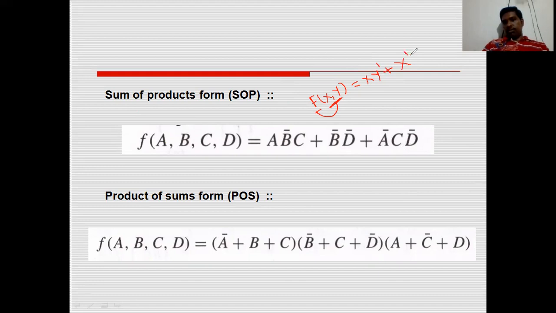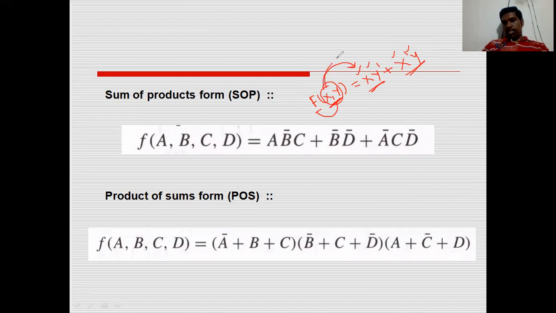Right? So if you see here, this is the first term, and in this first term, x is there, y is there. Both are there. Here also we have two, x and y. All the literals are existing in the first term. If you observe the second term, here also x is there, y is there.